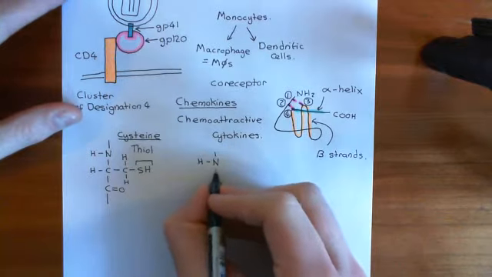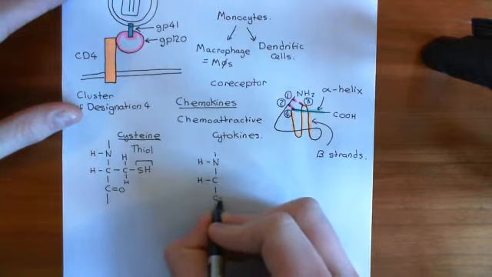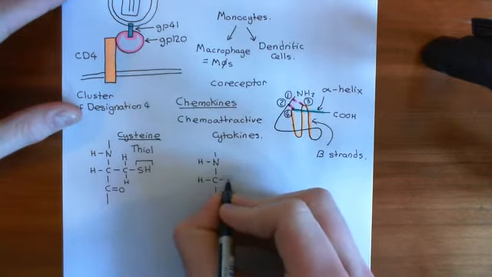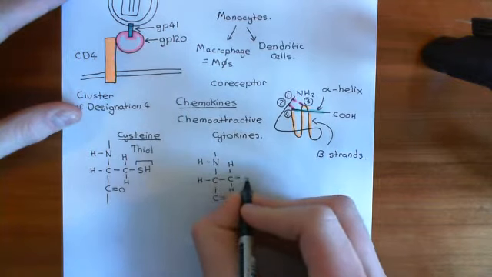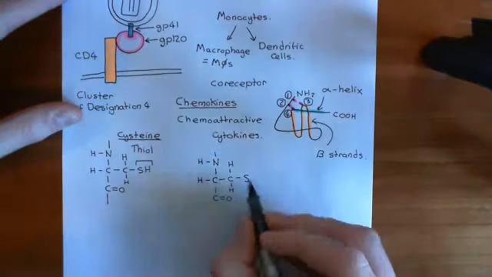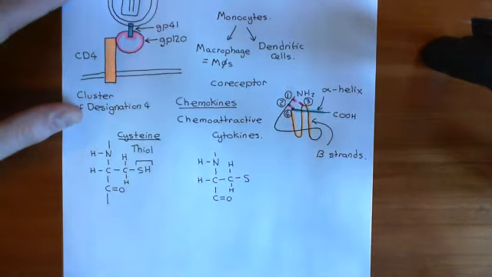So here again is cysteine 1 here. So there's the amino group, the alpha carbon, the carboxylic acid group, and then the R group now is going to be a methylene group with the thiol group, but I'm not going to draw the hydrogen coming off here, because in fact they're going to form a disulfide bond, and the hydrogens are not going to be there anymore.